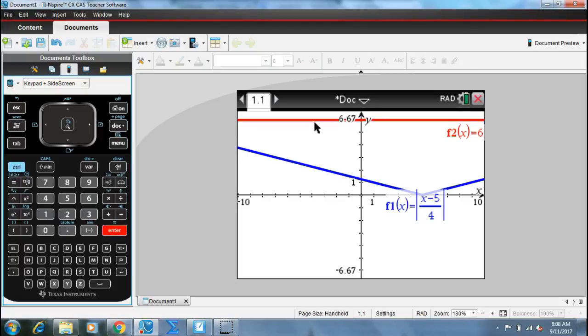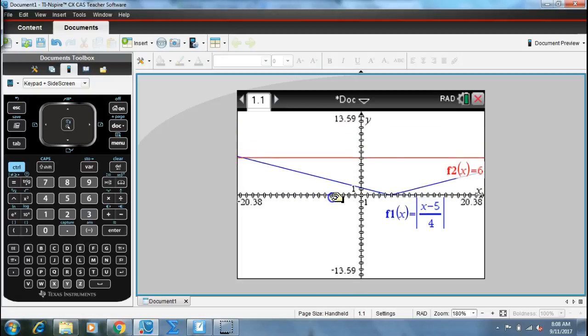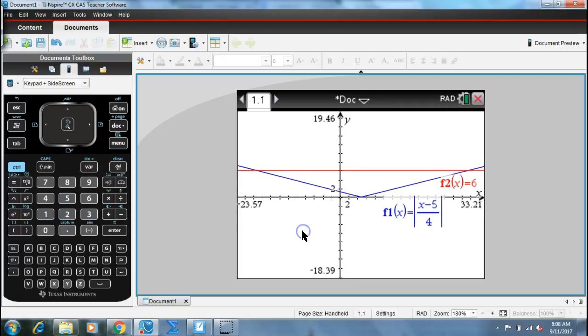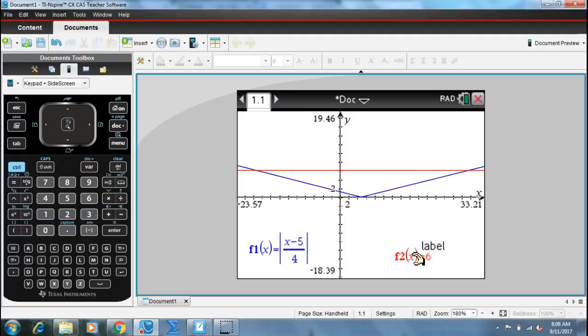Okay, so now you can zoom out a couple of different ways. You could go into menu, window, and expand it and zoom it out that way. Or you can grab on to the axes here and pull it in. Either way works for me. But you need to see both of those intersection points. Now we can do menu, analyze, intersection twice, or let me show you another way of doing it too.